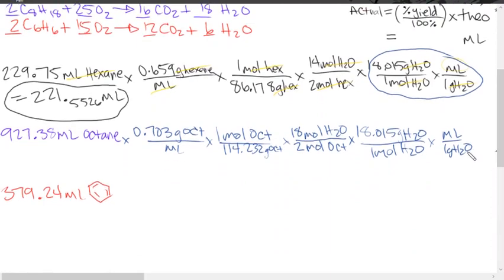And that's the density right here, and this is the molar mass. So quick check to make sure our units cancel. This is a really good practice to get into. So milliliters, milliliters, grams, grams, moles, moles, moles of H2O, grams of H2O, and we're left with milliliters.